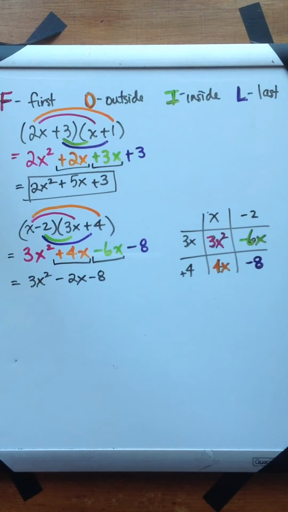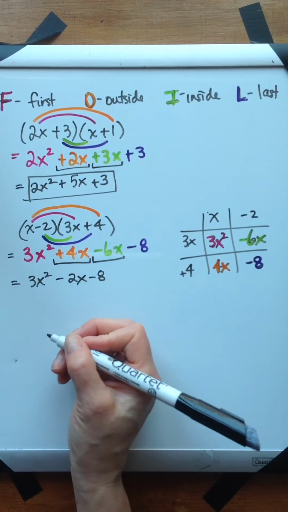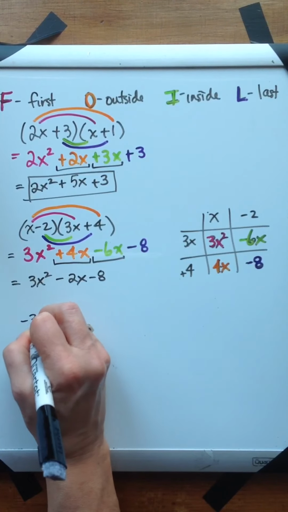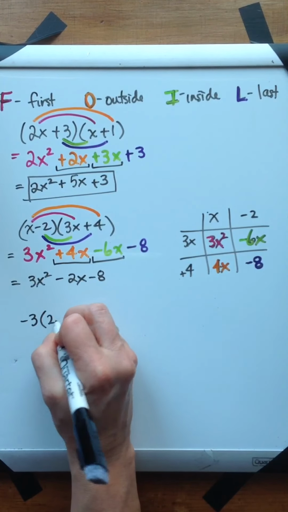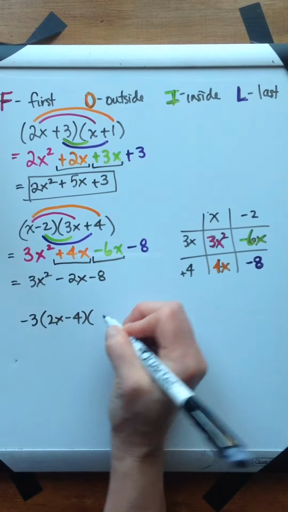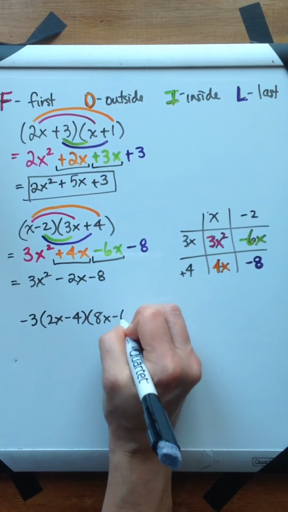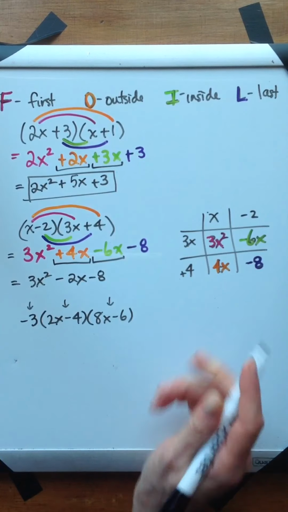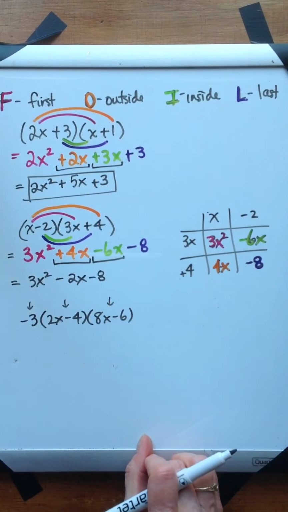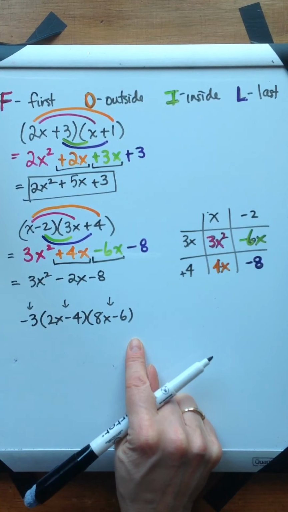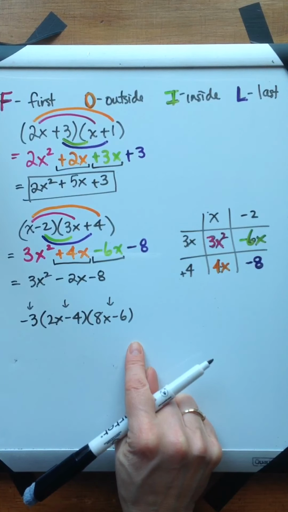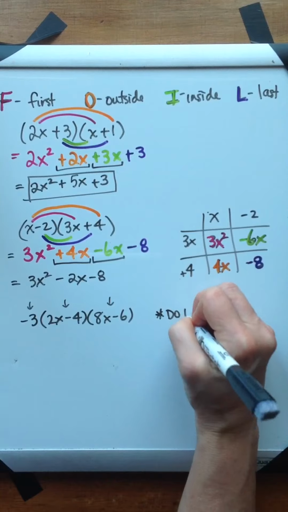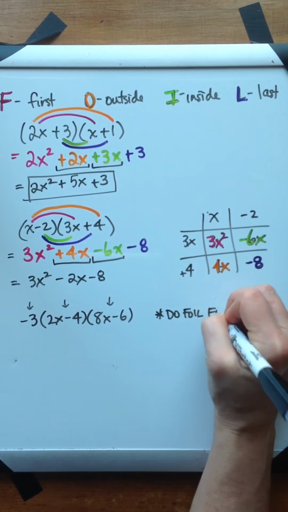All right, what happens if we increase the complexity a little bit and we introduce a monomial times a binomial times a binomial? Monomial here, binomial, binomial here. What I want you to remember in this scenario so that it doesn't get you into trouble is I want you to do the little Gerberism, do FOIL first.